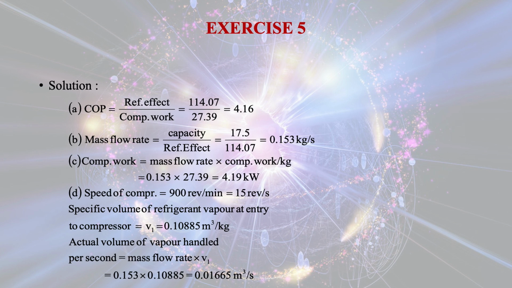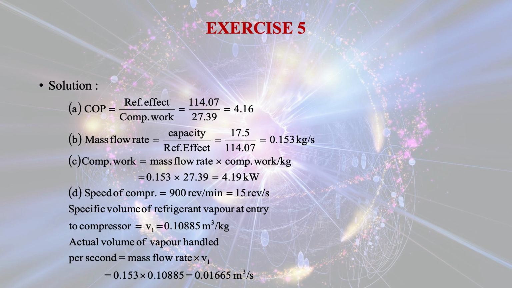The speed of the compressor is given as 900 revolutions per minute, that is equal to 15 revolutions per second. Specific volume of refrigerant at state 1, vapor at entry to the compressor, is V1, that is equal to 0.10885 meter cube per kg.